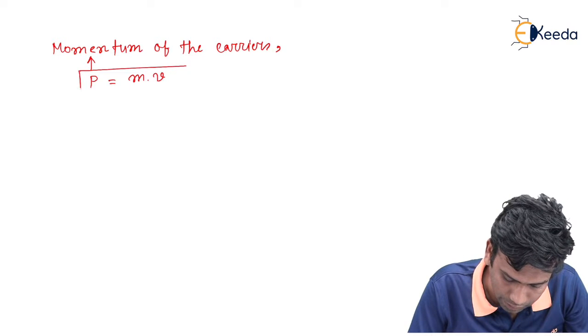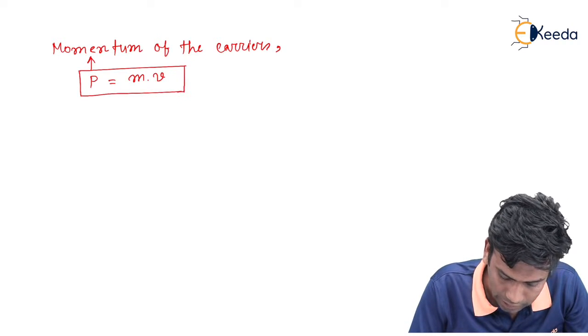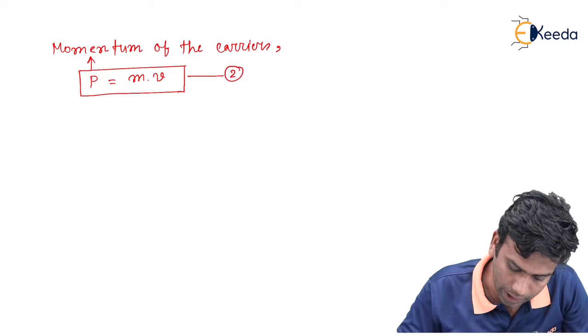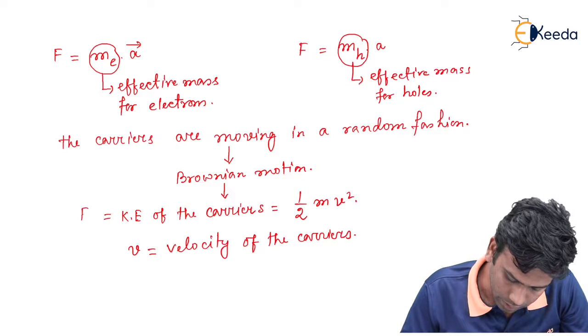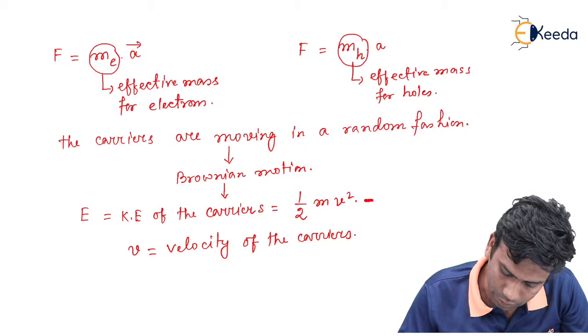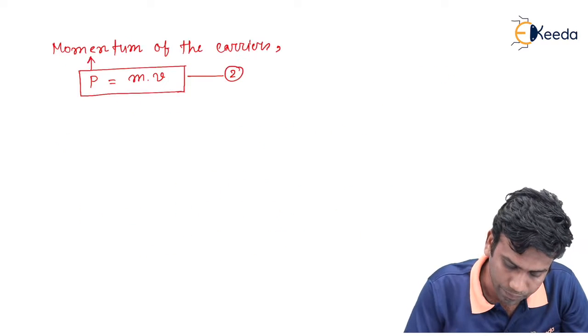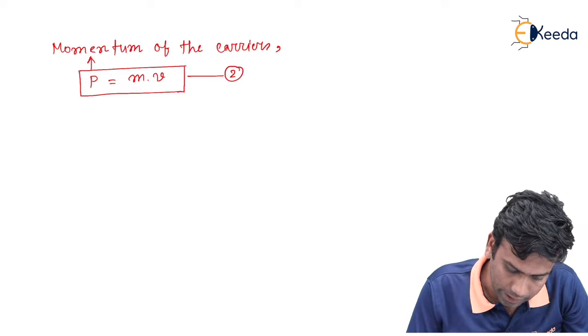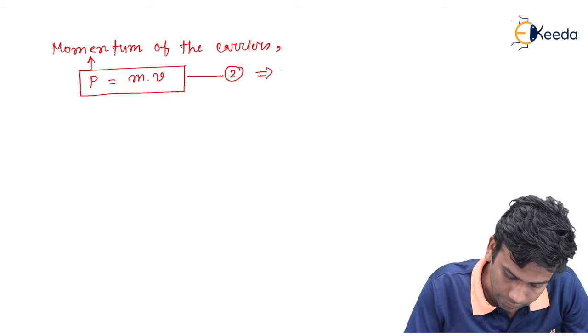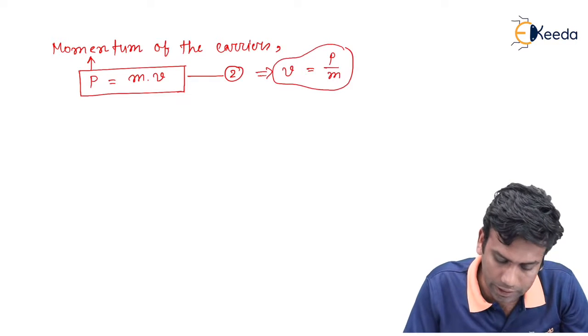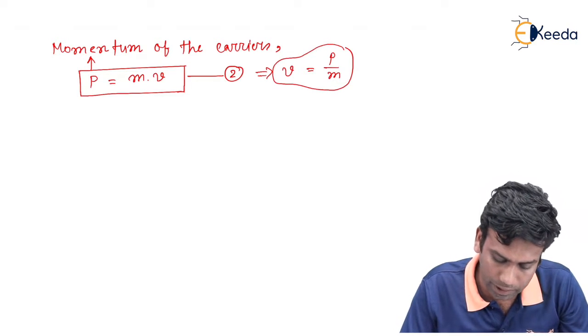Let us name this equation as equation number 2, and let us name this equation E as equation number 1. So from equation number 2 we can say that the v value will be p by m. So this velocity value is nothing but the momentum by the mass.